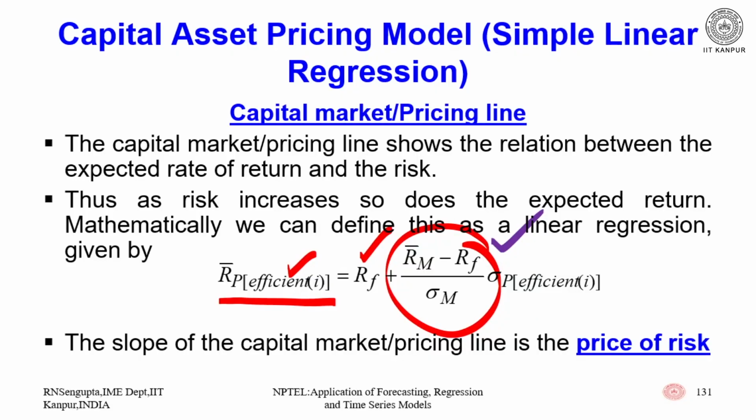That is the positive thing which I am gaining. And if the standard deviation is, say for example, 2, that means for 2 units of risk I am getting 5, hence it is known as the concept of price of risk. So, per unit of risk, what is the price?